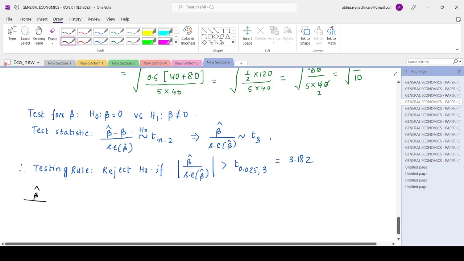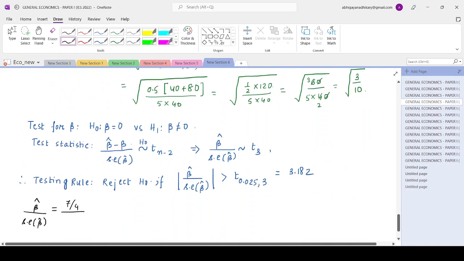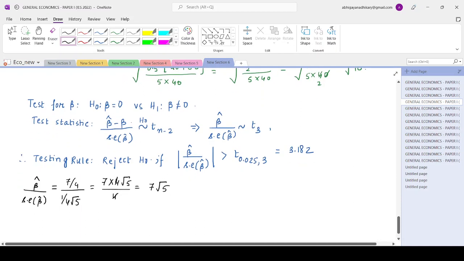Beta hat by standard error of beta hat: beta hat is 7 by 4 and standard error of beta hat is 1 by 4 root 5. So that is 7 into 4 root 5 divided by 4. The 4 and 4 will get cancelled, and this is 7 root 5. So 7 root 5 is the answer, and we need to compare.